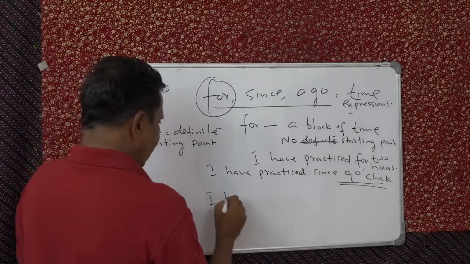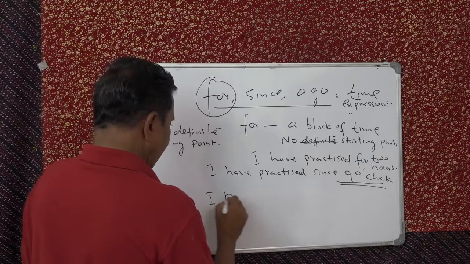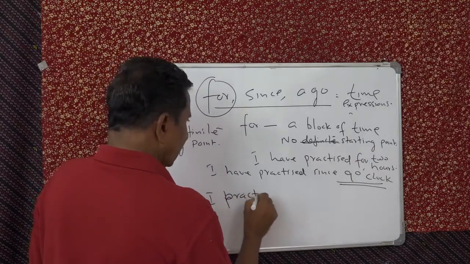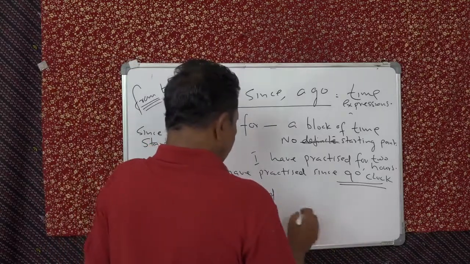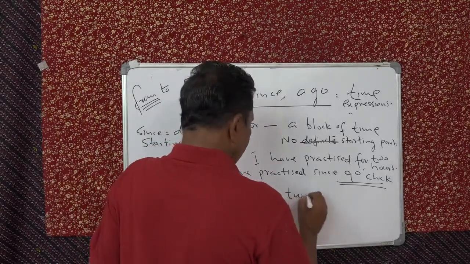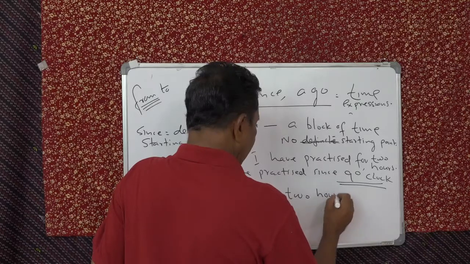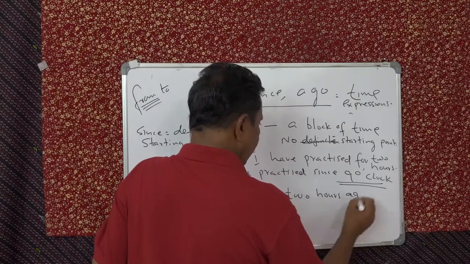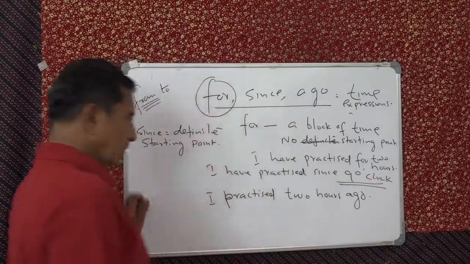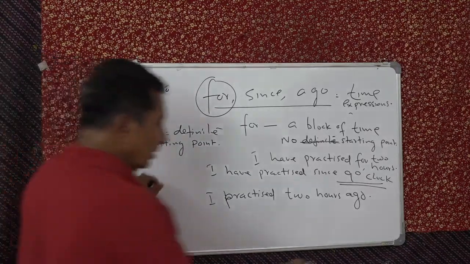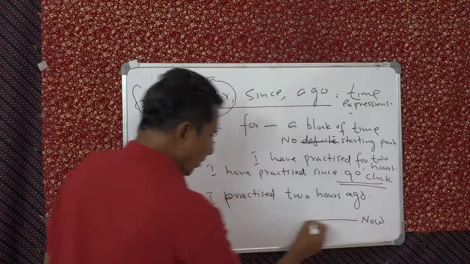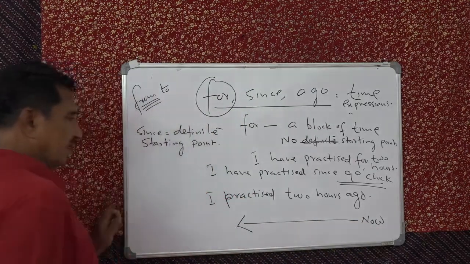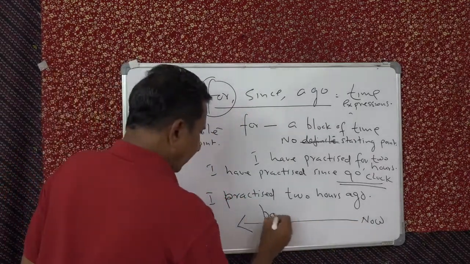Ago. I practiced 2 hours ago. So 2 hours ago means start from now, but go back.